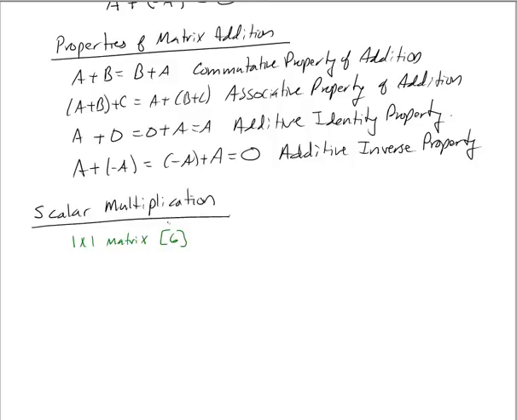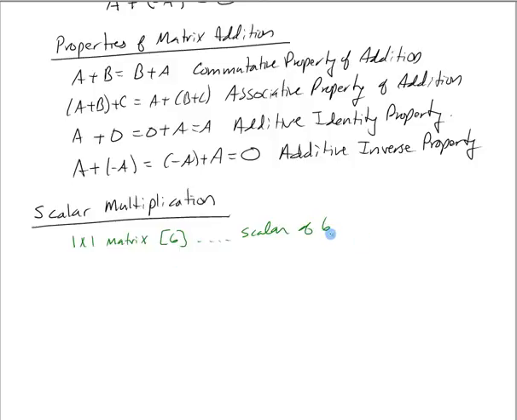Well, this is a matrix. It's a 1 by 1 matrix, and it contains only one entry. Now we need to make sure we know how to distinguish this matrix from just the plain old number 6, or a scalar. So we also have a scalar value of 6. Notice this is a one element matrix. This is just a number or a scalar.